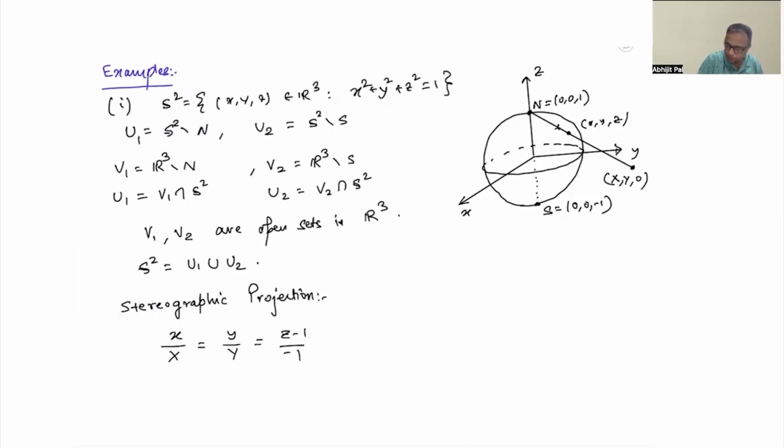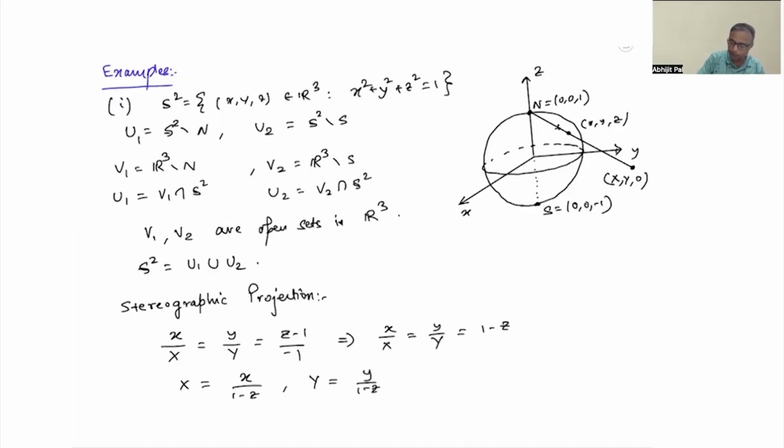Okay, so this will imply that x by capital X equal to y by capital Y is equal to 1 minus z. So therefore, this capital X is nothing but x by (1 minus z), and capital Y is y by (1 minus z).